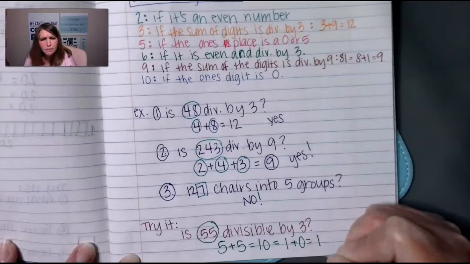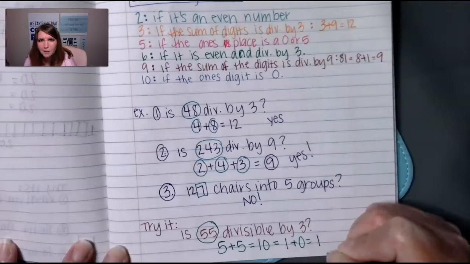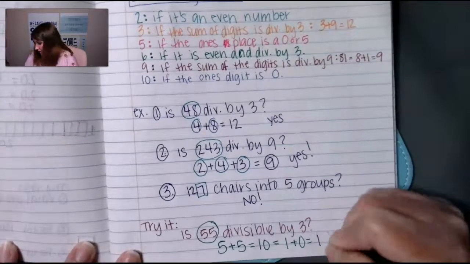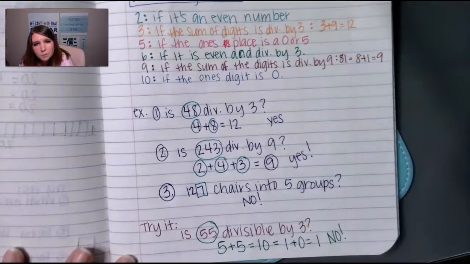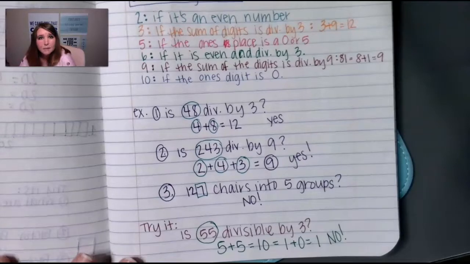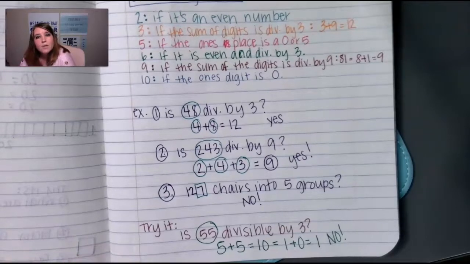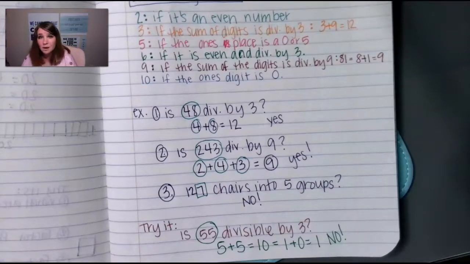Is 1 divisible by 3? No. 1 cannot be divided by 3. So this one is a no. It is not divisible. 10 can't be divided by 3 evenly. We know that. It has to be 9 with a remainder of 1. So we had 1 left over there. It does not work. So now you see how the divisibility rules work in action.